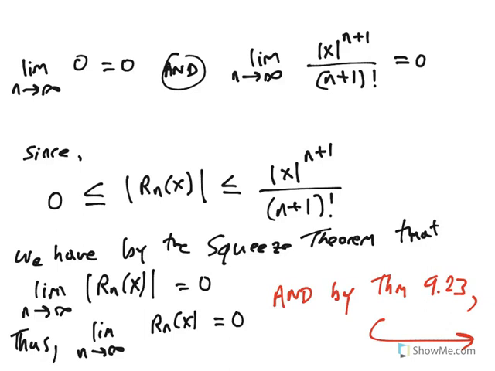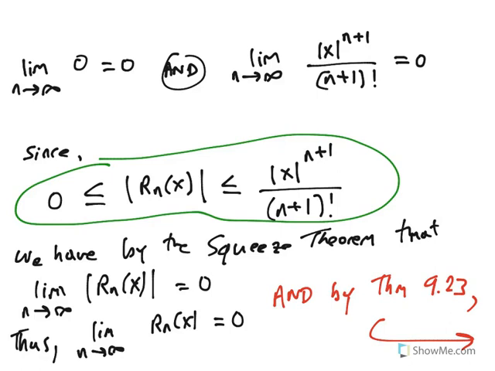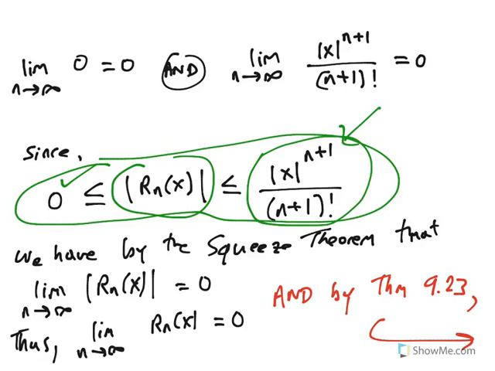So what we have is the following. We're using our compound inequality that we have here, in which the error is bounded between 0 and this quantity. And as we can see from the reasoning that we just discussed, the limit of this quantity as n goes to infinity is 0, and the limit of the constant 0 as n goes to infinity is 0.